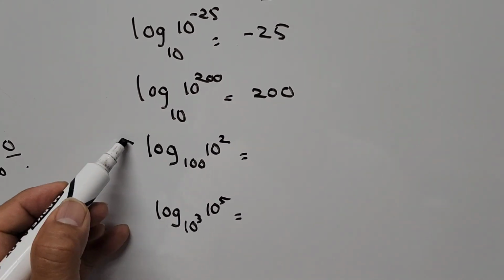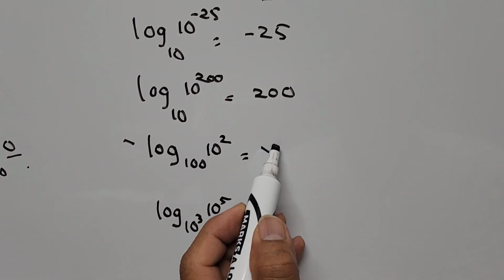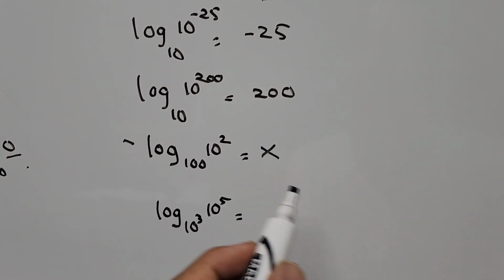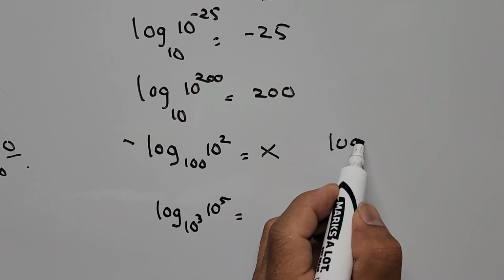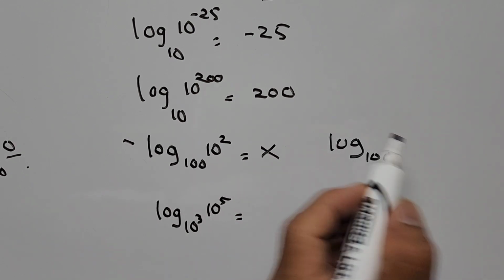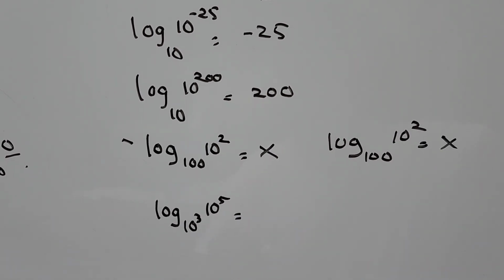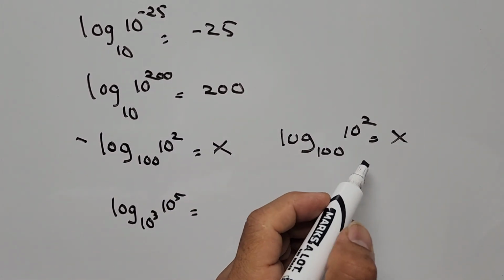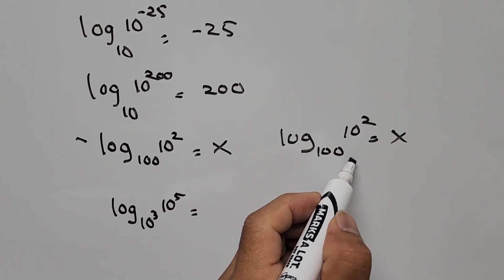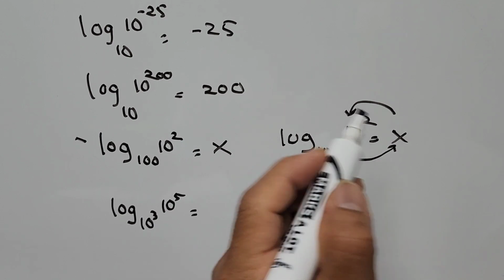So let's do this. So once again, equate this to x since that's the unknown. So we're trying to find the value of it. So we have here log base 100 of 10 squared equals x. So how are we going to solve for the value of x over here? Right? So we can use the definition of logarithm. 100, the base, exponent x equals the argument.